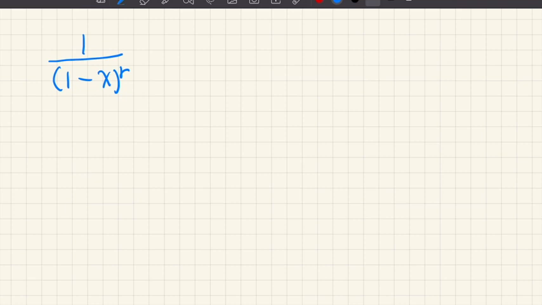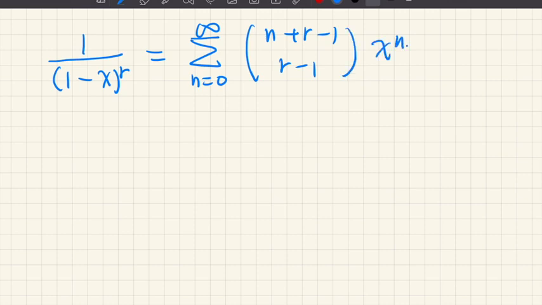If you expand this into a Taylor series around x equal to 0, you should have this, and minus 1, minus 1. So this is the Taylor series around x equal to 0.